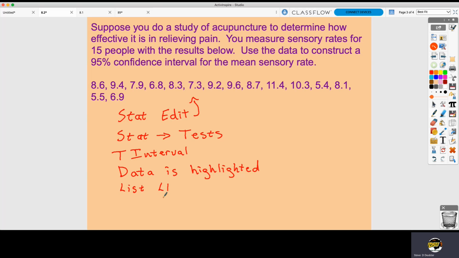After that, your frequency, because we only have one of each of these numbers, frequency is 1. Our C level is whatever our percentage is, just make sure you change it to a decimal. And then you hit calculate. And as we set up there, our 95% confidence interval is from 7.3 to 9.15. And that would be the answer for this one.